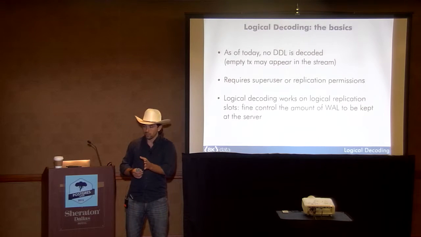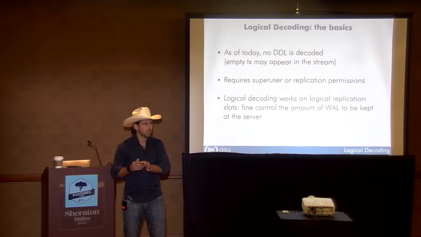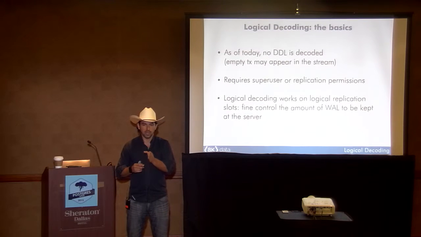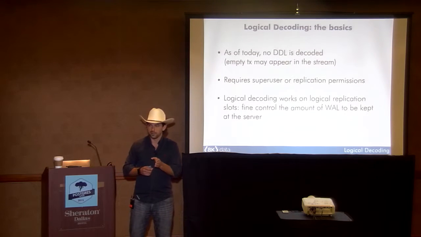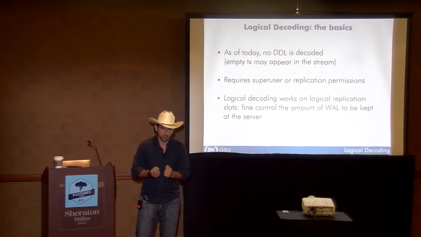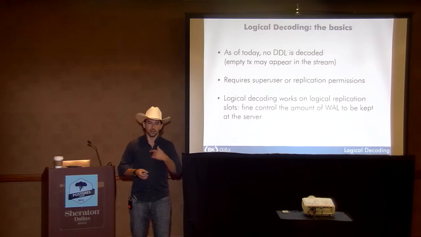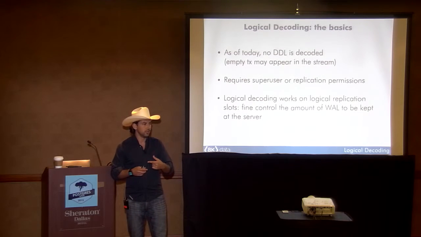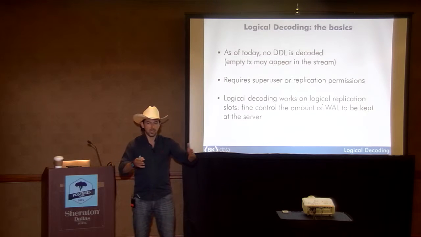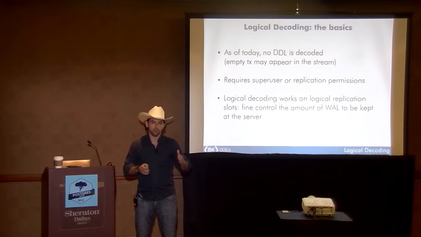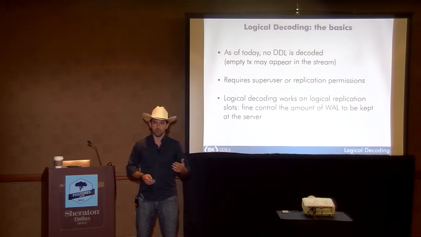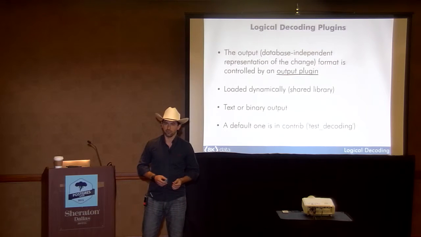You create a logical replication slot, and we're going to see how to do that. From that moment on, you're guaranteed that the Postgres server will keep for you the WAL segments required for doing the logical decoding itself. And as long as you are consuming that data, that window will be moving, and Postgres will be able to release the resources that have been reserved for you by means of the logical replication slot.